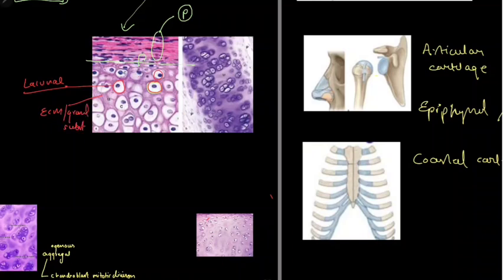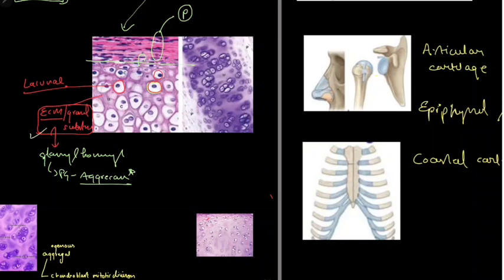This extracellular matrix or ground substance is the main part of hyaline cartilage. Now this main part of hyaline cartilage, the ground substance or the extracellular matrix, is glassy and homogeneous, and that is because of a proteoglycan that is present in it, that is aggrecan, the most abundant proteoglycan in the extracellular matrix.